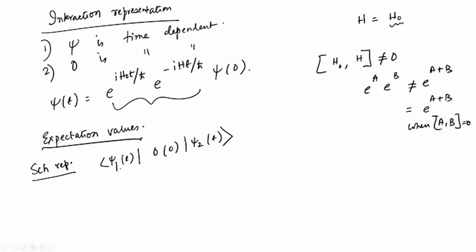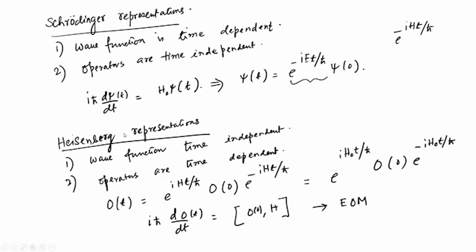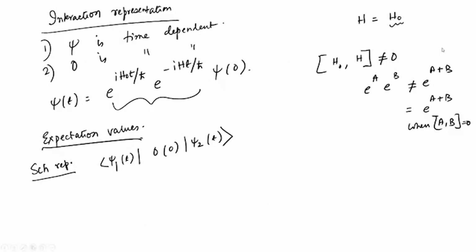Now, if you look at the transformation of these wave functions, they are exponential. So, let me write it as exponential minus i H naught t by h cross psi of 0. That gives a form that has been operated upon by an operator.